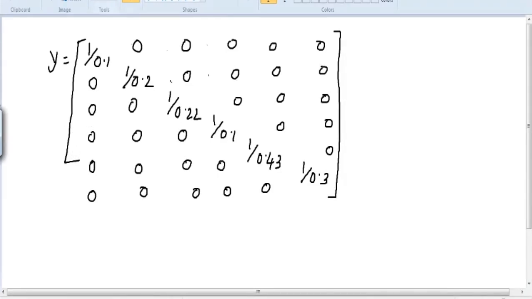So can you all calculate and reply to me what the values will be? Y11, reply on the chat box. 1 by 0.1, what will be the value?